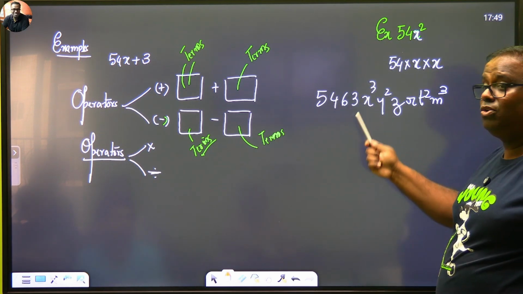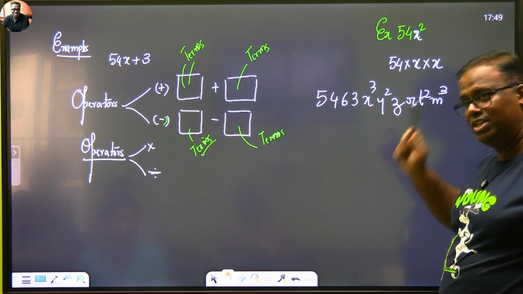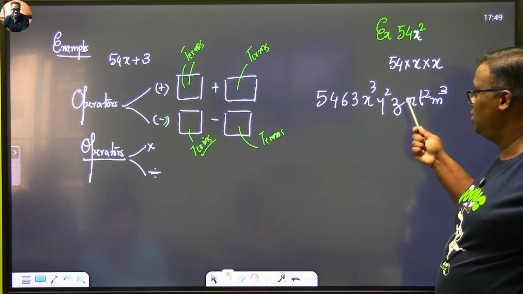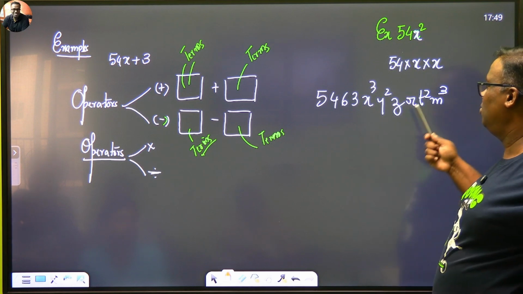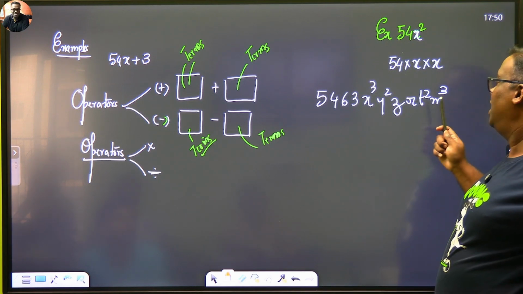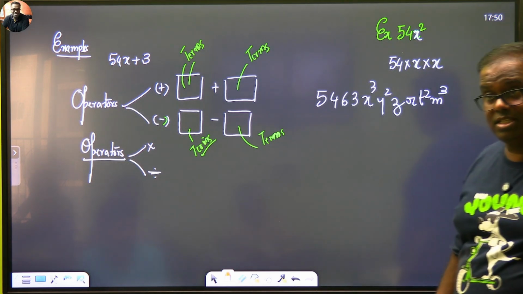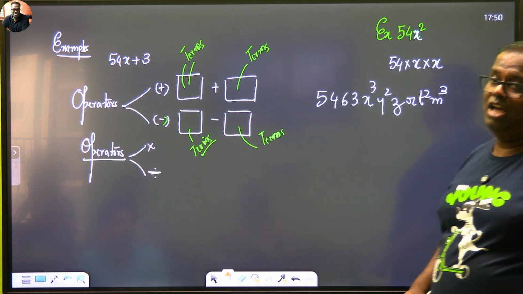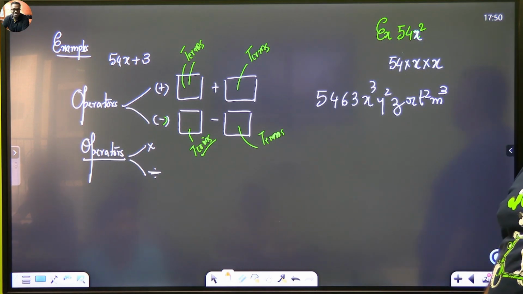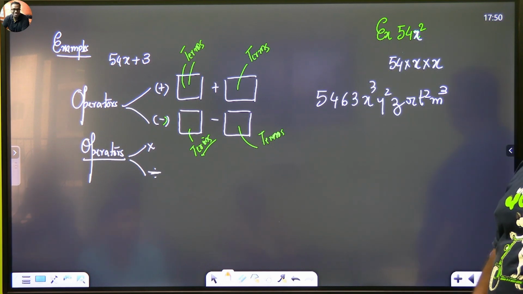This number is the coefficient of x cube. This number is the coefficient of y square. This number is the coefficient of z. This number is the coefficient of r. This number is the coefficient of t square as well as m. Are there any operators out here? Yes, multiplication. And when multiplication comes as an operator, it does not create more children out there. It's only one term. Are we fine on this?